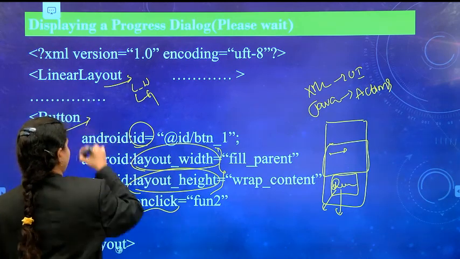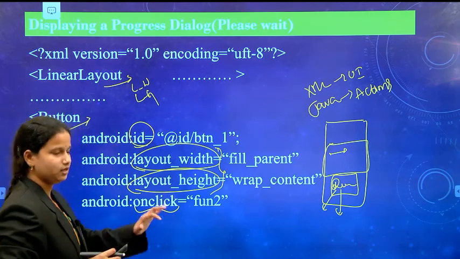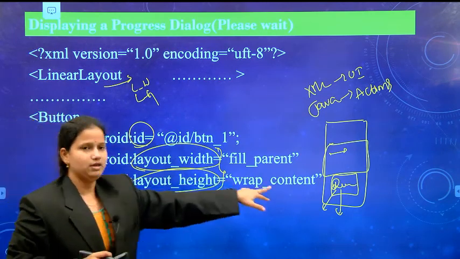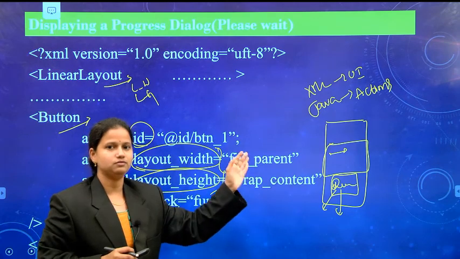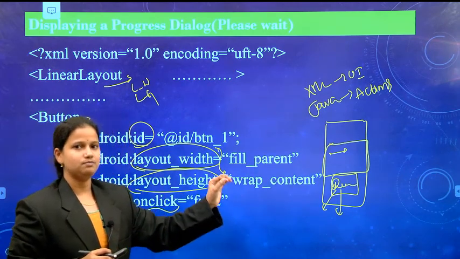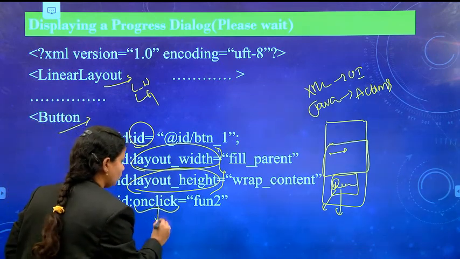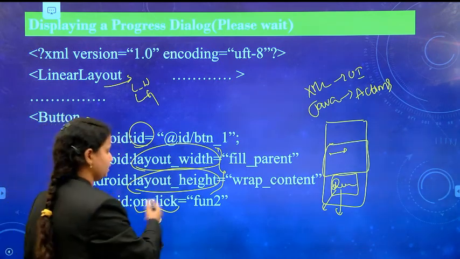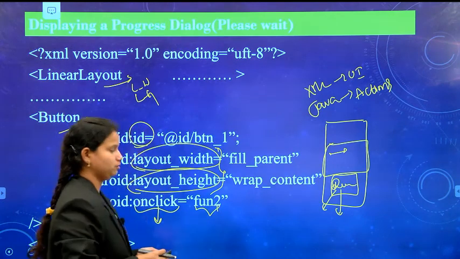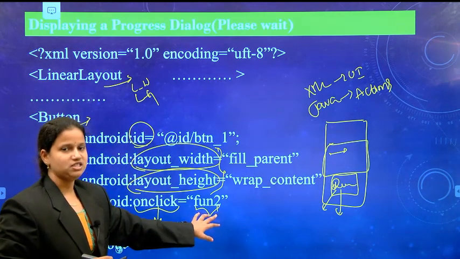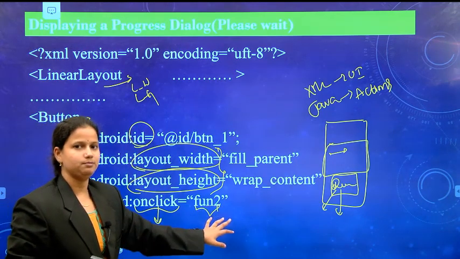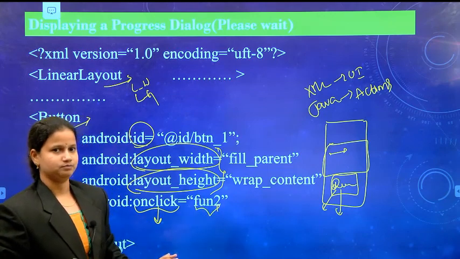Whenever you click a button available in this user interface, we have to perform the action for that button click. That is why we call this onClick property. The function name is provided here, and the function implementation will be done in Java.